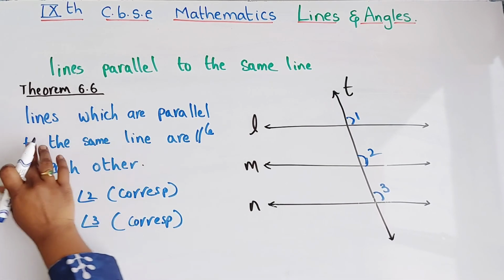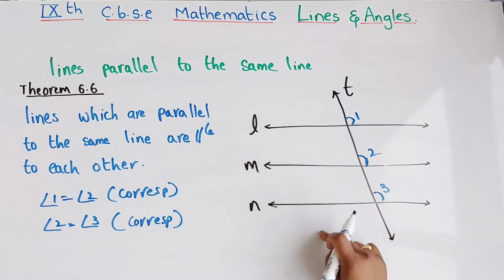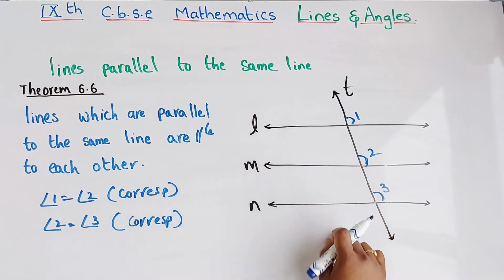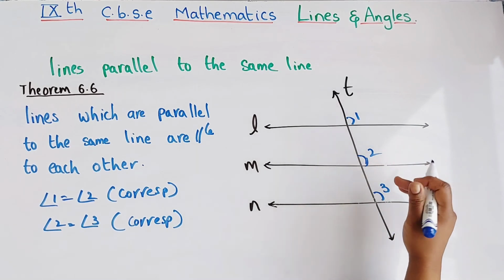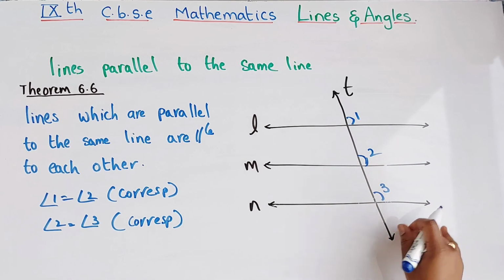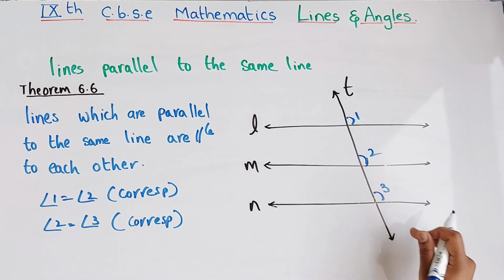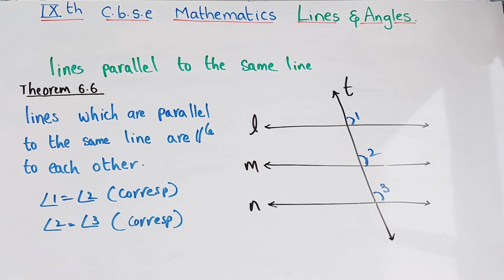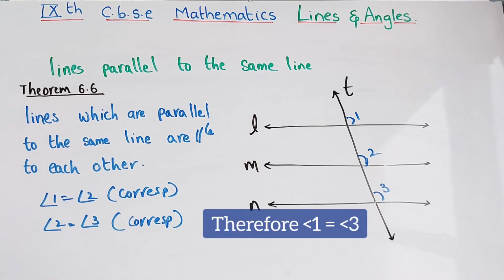Theorem 6.6: lines which are parallel to the same line are parallel to each other. Here we already see angle 1 equal to angle 2, angle 2 equal to angle 3, by the corresponding angles are equal statement. Right. So from here I can write angle 1 equal to angle 3.